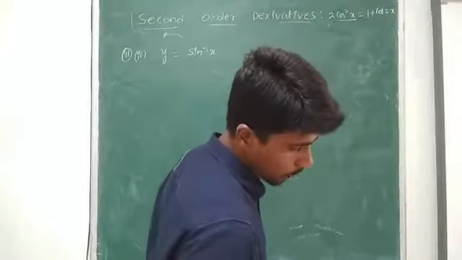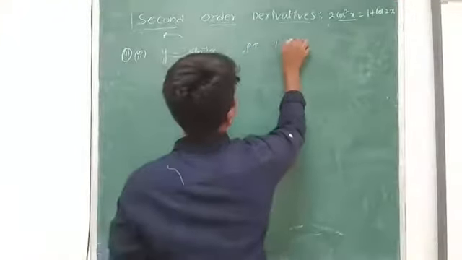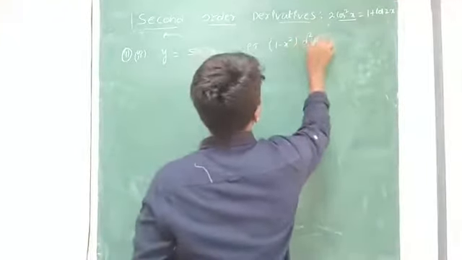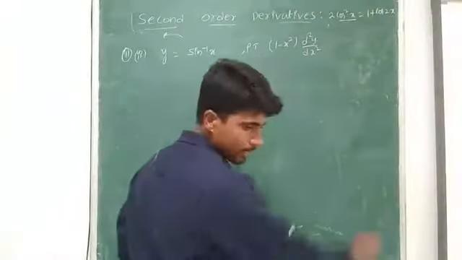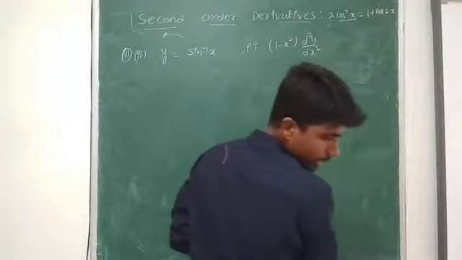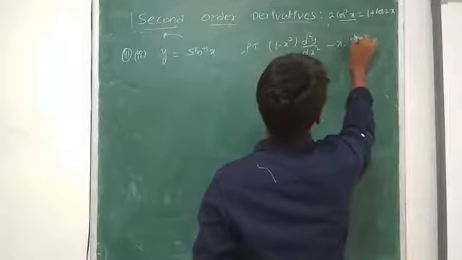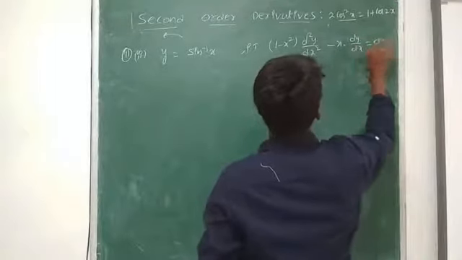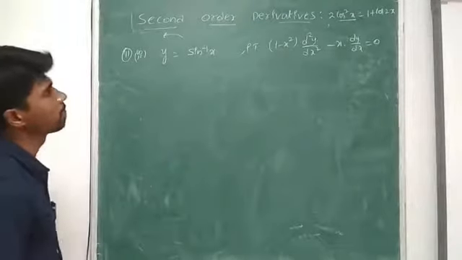Prove that 1 minus x square into d2y by dx square minus x into dy by dx equal to 0. This is what the question they have given.